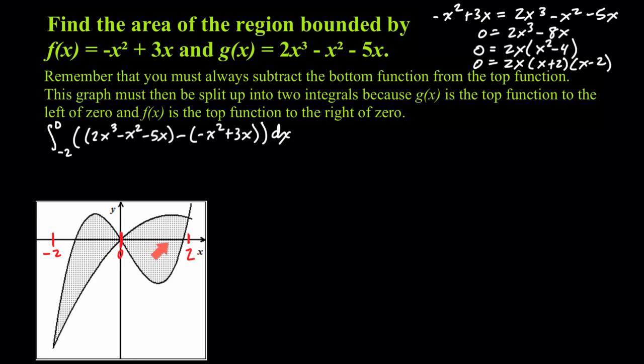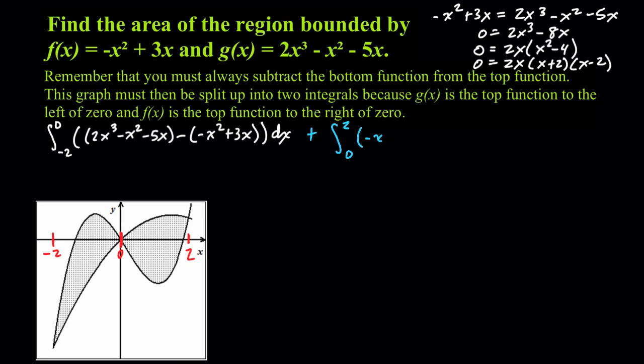Now we need to calculate the area of this region, or write an integral for the area of this region, and then we add these two areas together. So this will be plus the integral from 0 to 2. Now the top function on this one is the quadratic.